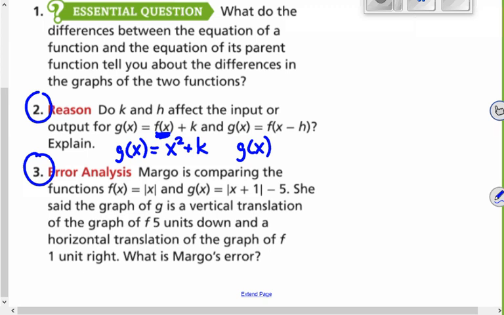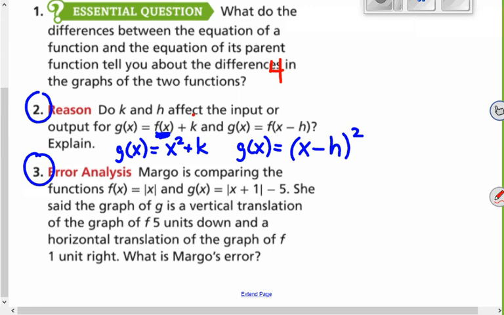Versus in the next one, it would look like this from yesterday: x minus h squared. So for example, if this k was a 4, would it affect the input or the output? Since it's shifting everything up 4 or up k, it's going to affect the output.